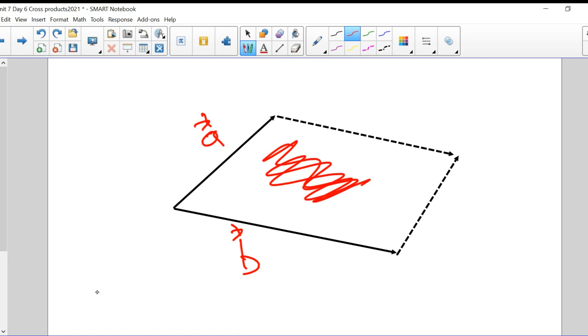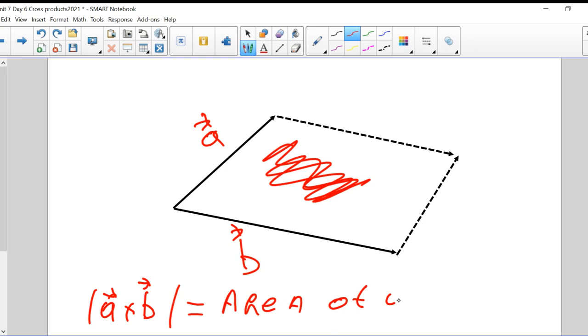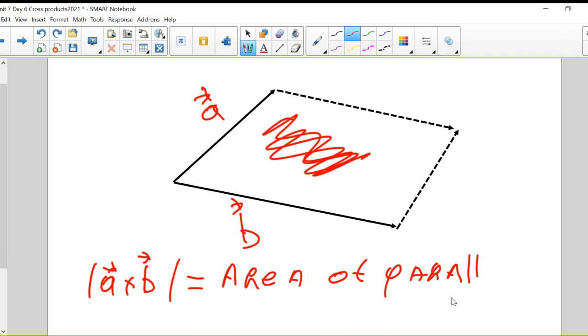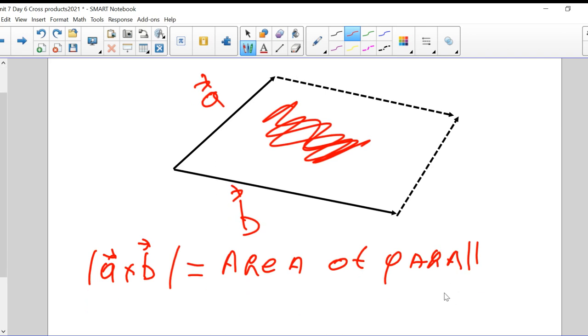So the magnitude of A cross B is equal to the area of the parallelogram. I can't spell parallelogram properly. The area of the parallelogram that you form by filling out the rest of this.